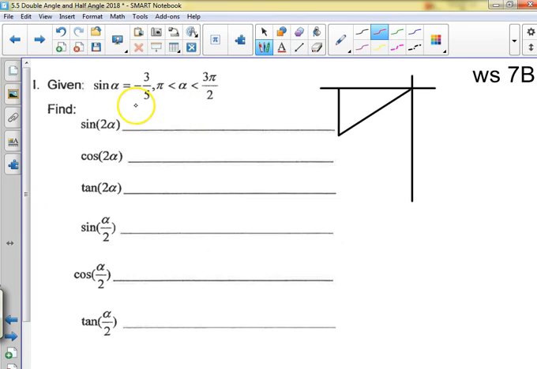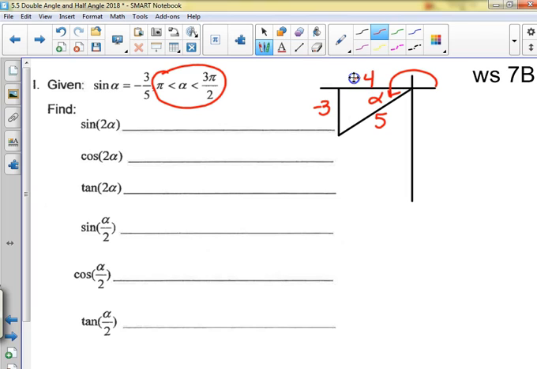All right. What does this garbage at the top mean? This told me to draw it in quadrant 3, and this tells me the sign, okay? So alpha is really all the way around to here, but I'm going to put it in here. And the sine is negative 3/5. Did I label that right? So what do I get for my missing value?